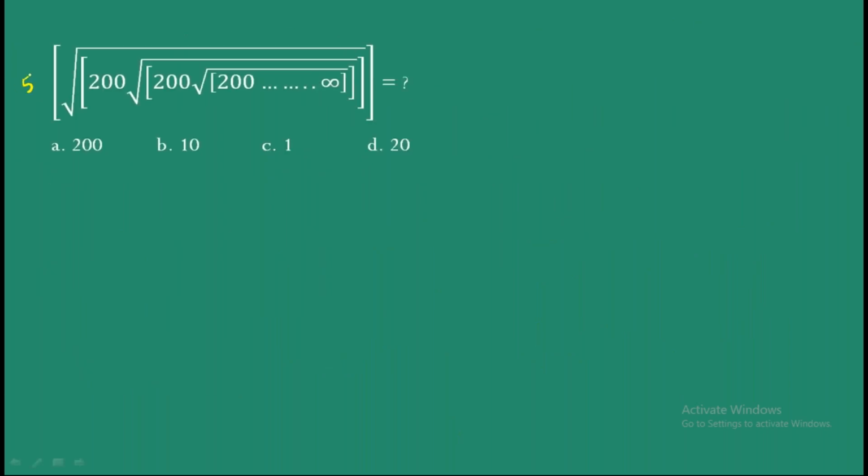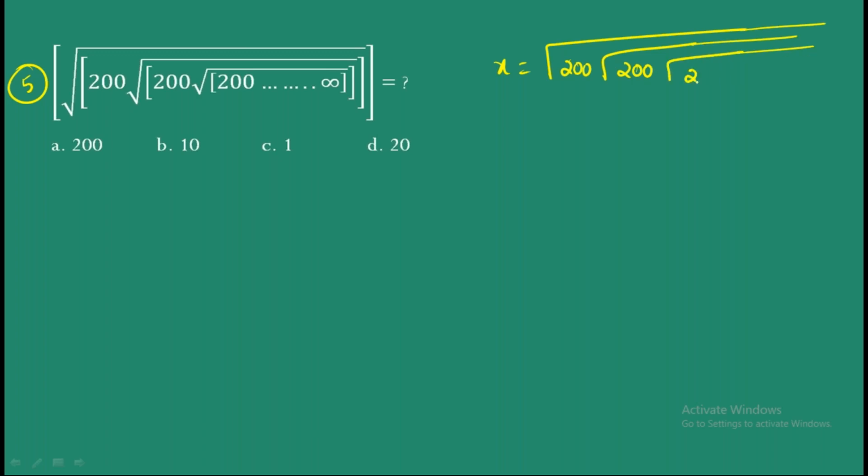Now, see this: root 200, root 200, root 200, root 200 up to infinite times. If you want to find the value of that, let's consider this is x. Root 200 up to infinite times.